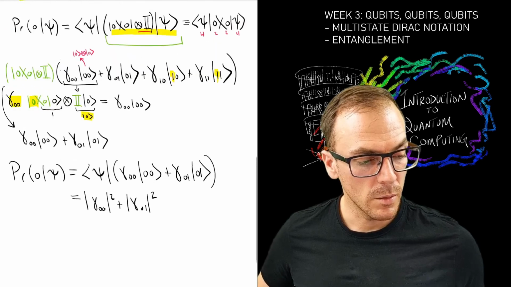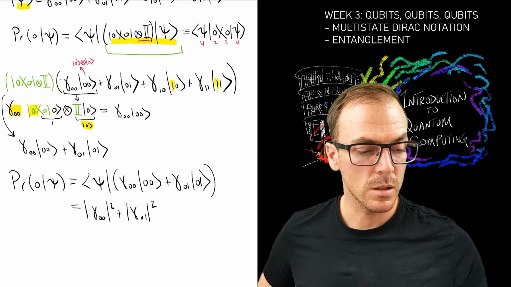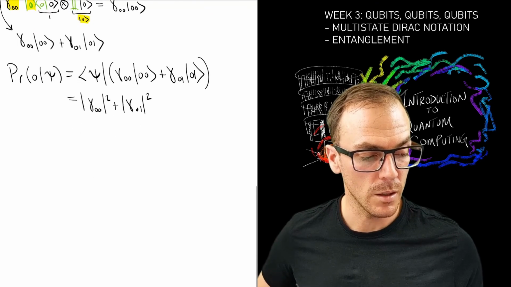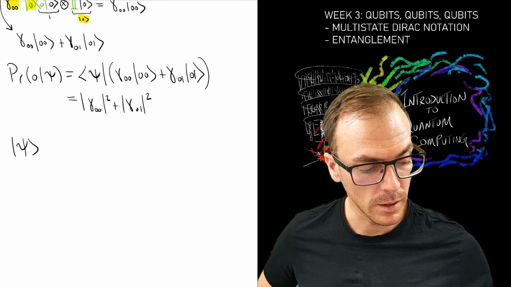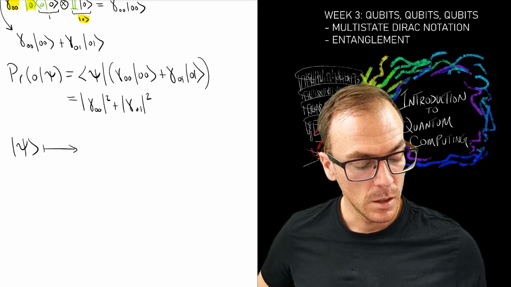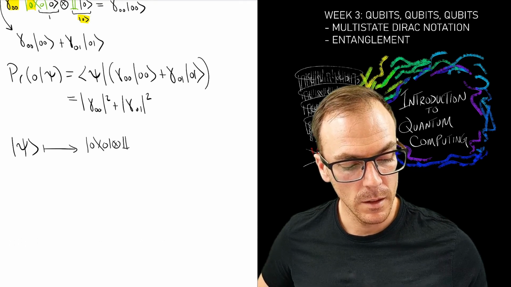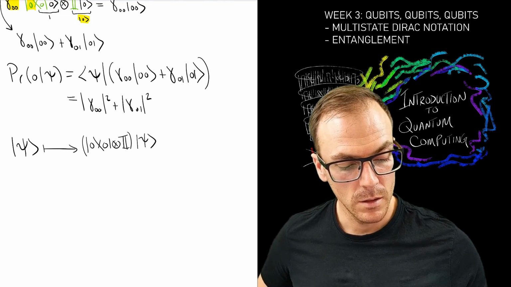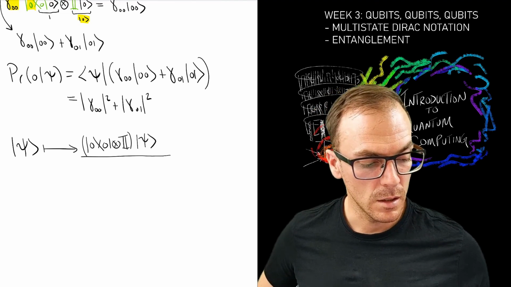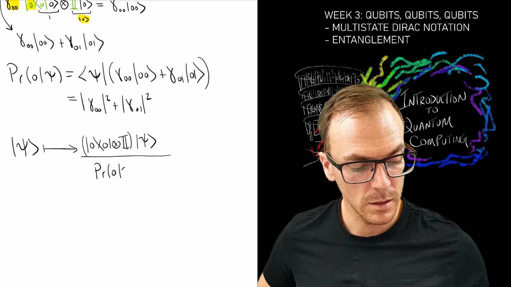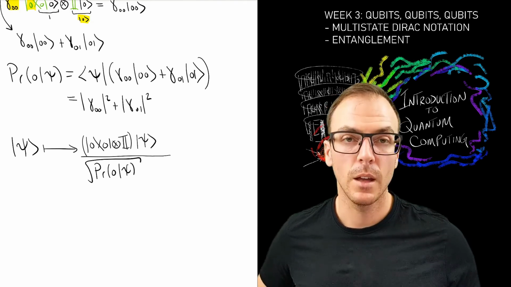Okay, and one of the reasons we did this original multiplication on the inside first was not only because it simplified this calculation, but also remember the collapse rule, which said that we're going to project onto that observed state. That's the calculation we just did, divided by the square root of this probability. Alright.